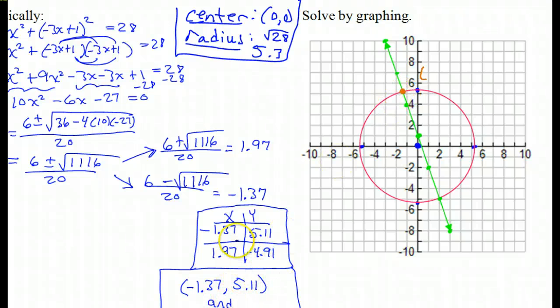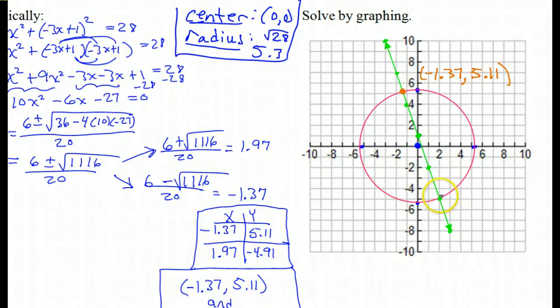So look at our first point right here. This must be our negative 1.37, 5.11.